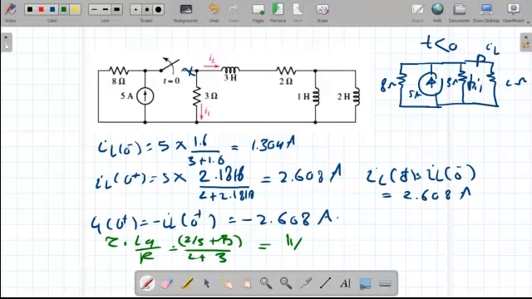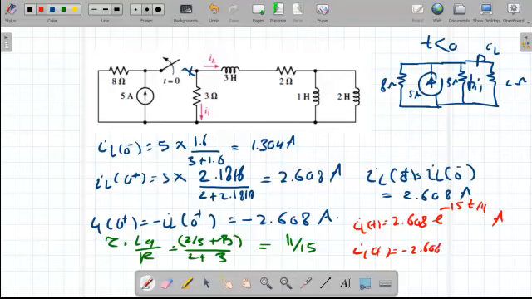So this becomes 11 over 15. So the expression for IL of t will equal 2.608 e to the minus 15t over 11 amp, and I1 of t will equal minus 2.608 e to the minus 15t over 11 amp.